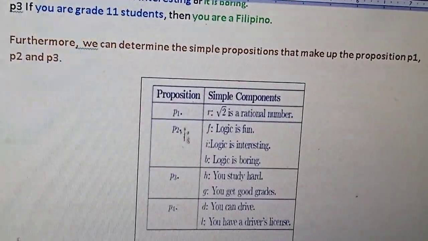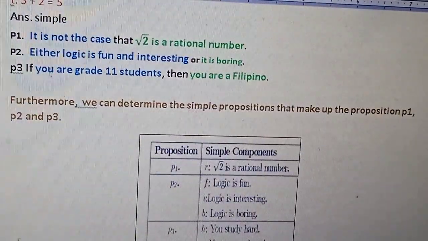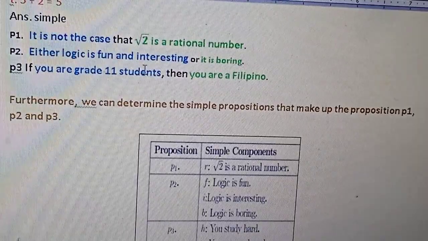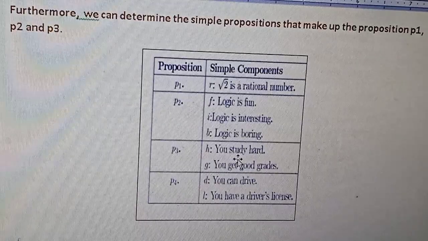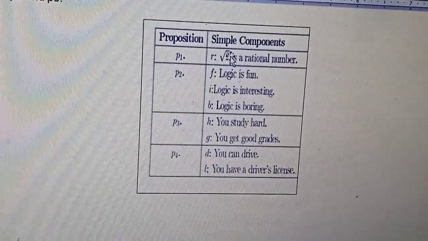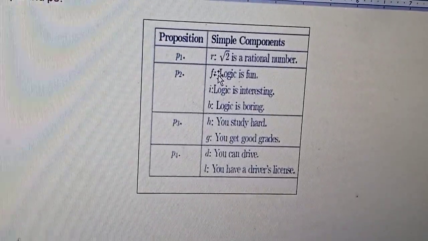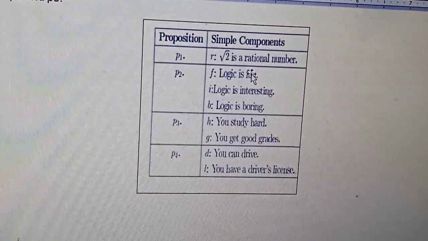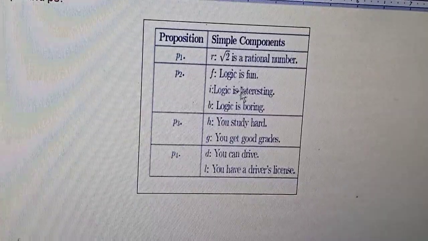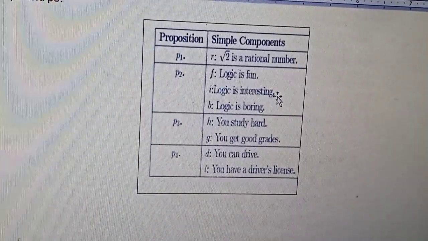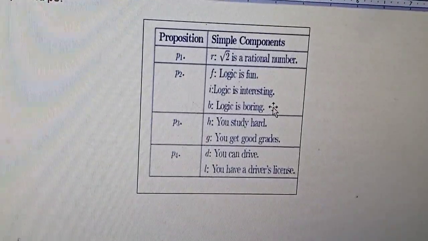Let's go to P2 for a clearer illustration. In P2, we have either logic is fun and interesting or it is boring. So it is broken down into 3 simple components, F, I, and B. The first component is logic is fun, that is F. The second is I, logic is interesting. The third, B, logic is boring.